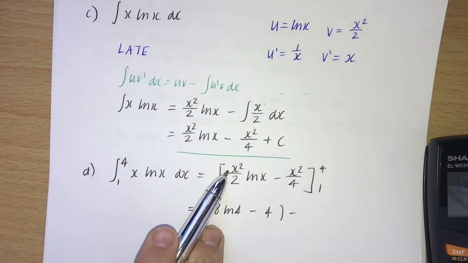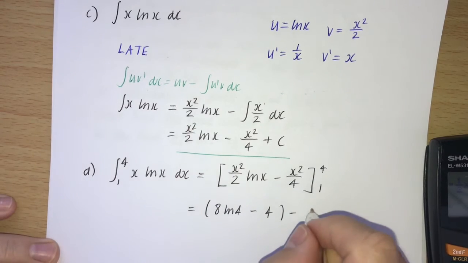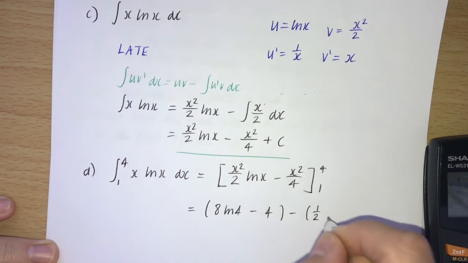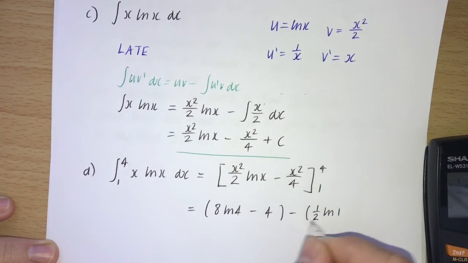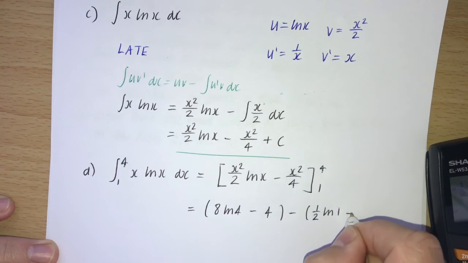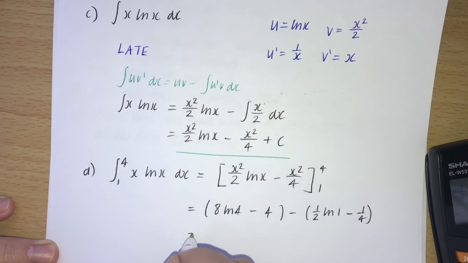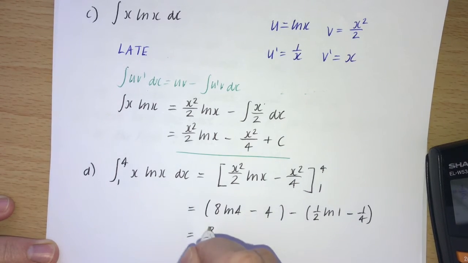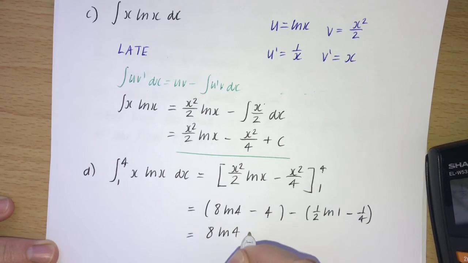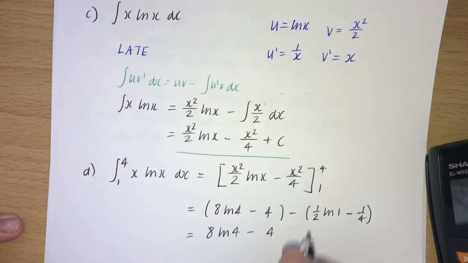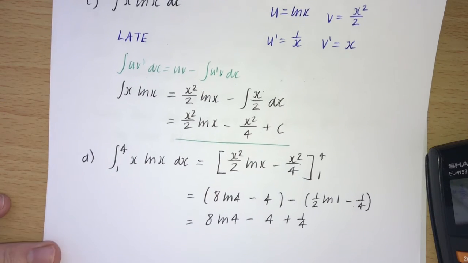Subbing in 1, 1 squared is 1. So half, ln 1 is 0, so that's 0 there, minus 1 quarter. So 8 ln 4 minus 4. So this is 0 minus a quarter, minus a quarter, plus 1 quarter.